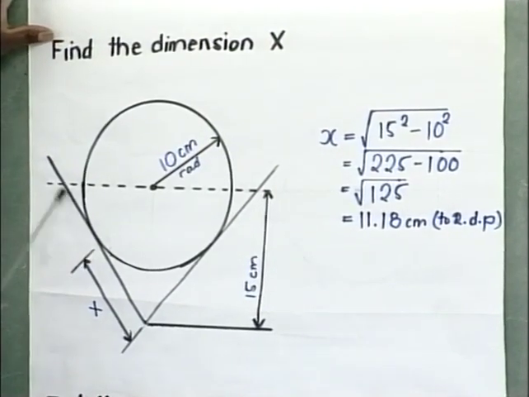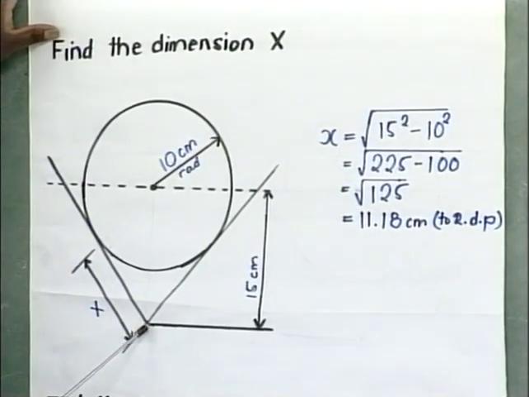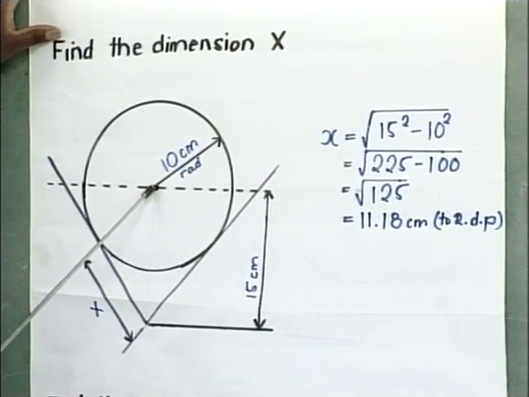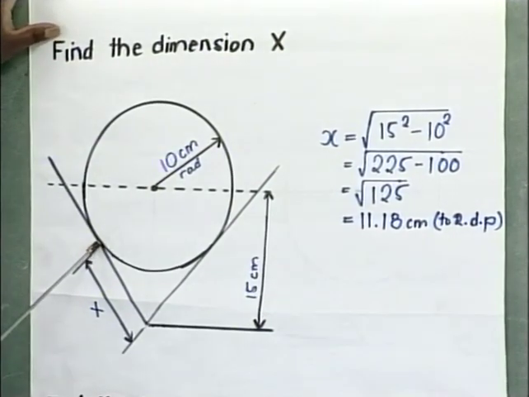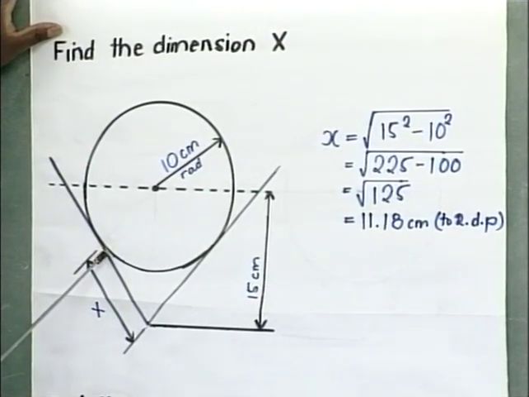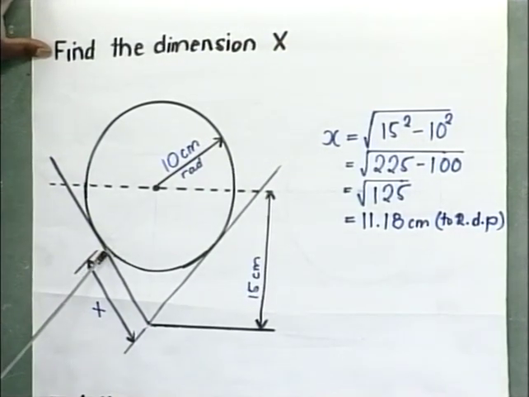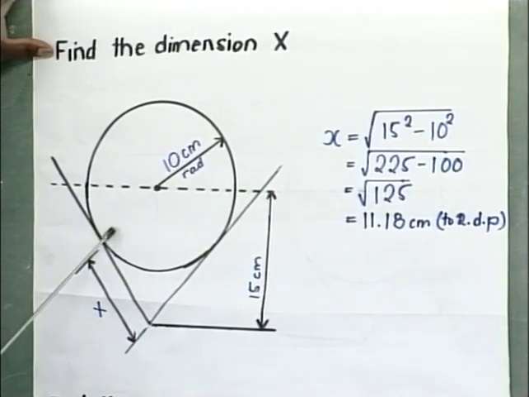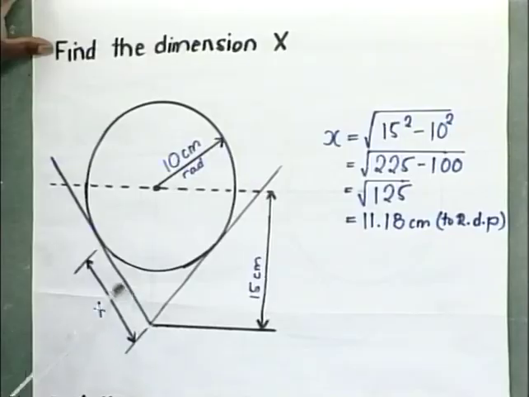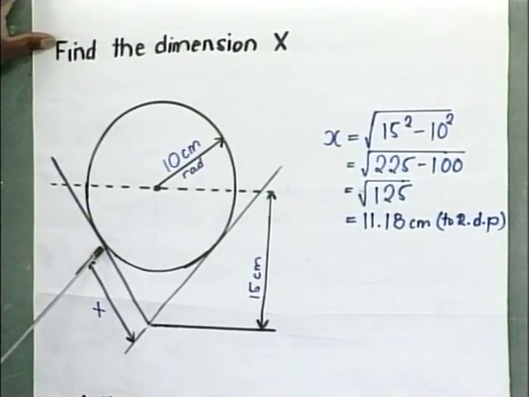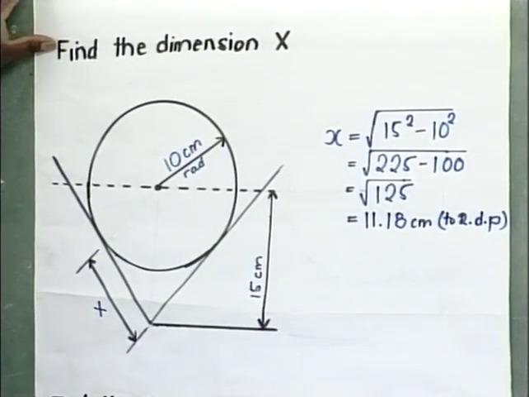Because this is a tangent to the circle, if you draw the line from here to here, it will be the radius of the circle, which means this angle is a right angle. So the triangle from here to the center, down, and here, including x, is a right-angled triangle.